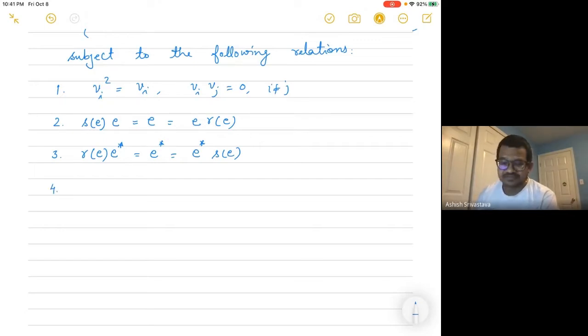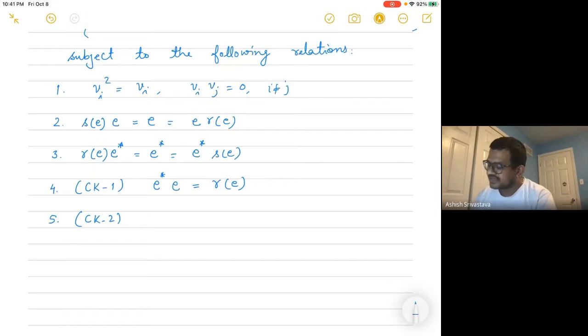And then we have the fourth and fifth conditions, which are called the Cuntz-Krieger conditions. So let me first write CK1, and I'll explain a little bit of history of these conditions as well. So what is CK1? The CK1 condition is that if you take e star e, that will be range of e.